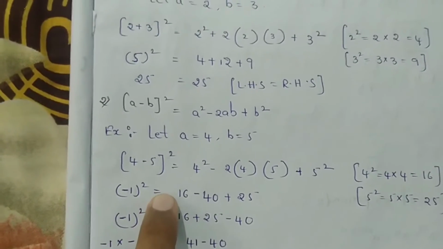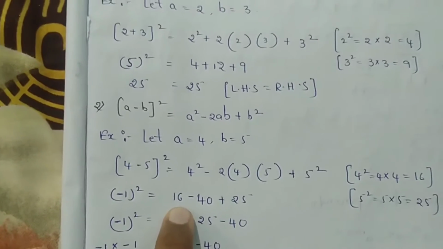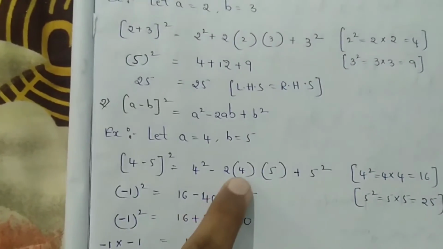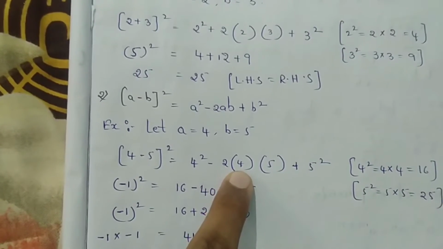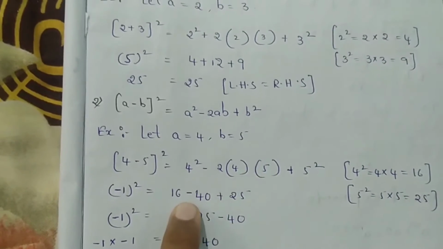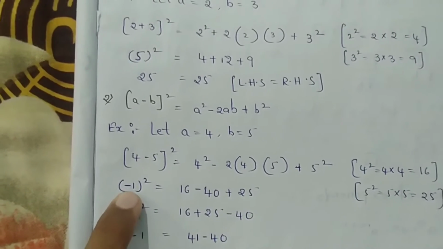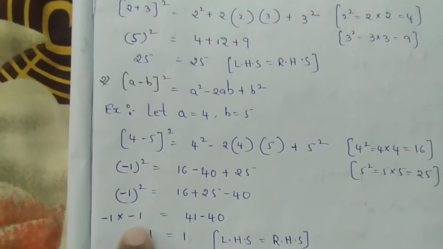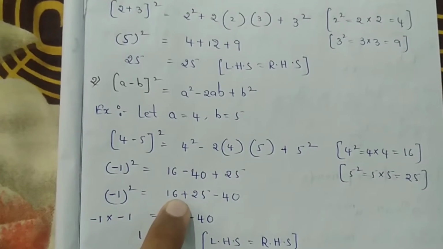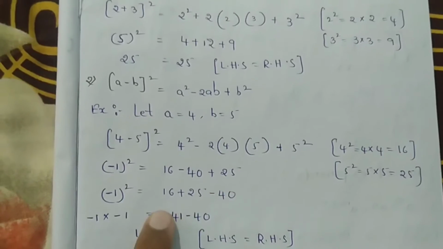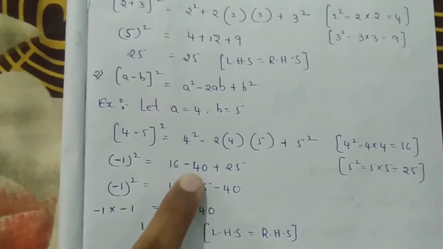(−1)² is equal to 4², which is 16, minus 2 fours are 8, 8 fives are 40, plus 5², which is 25. So (−1)² is equal to 16 − 40 + 25, that is 16 + 25 − 40.